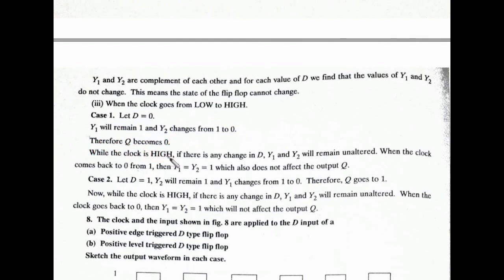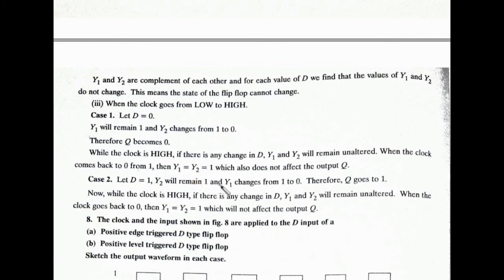While the clock is high, if there is any change in D, Y1 and Y2 will remain unaltered. When the clock comes back from 1 to 0, then Y1 equals Y2 equals 1, which does not affect the output Q. And in case 2, let D equals 1.